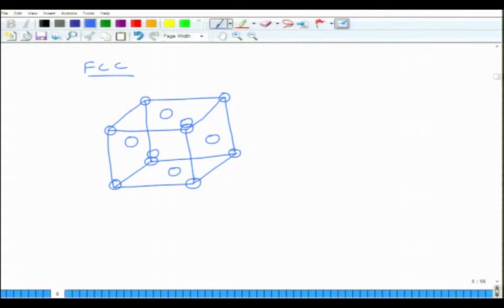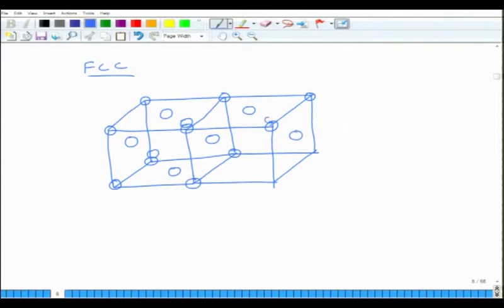The question that I want to ask you is, can this FCC be represented as body centered tetragonal? For example, if I draw a neighbor to it, this is a neighbor, right? Okay, let me now color this thing.